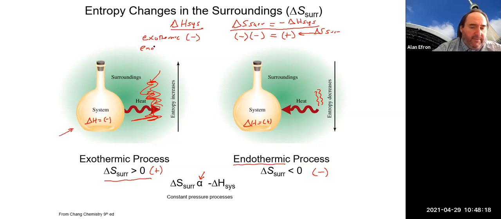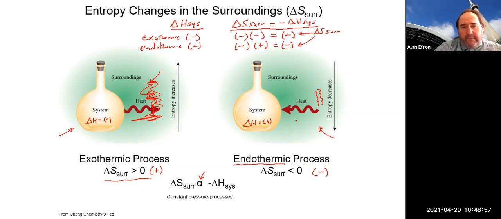In an endothermic process, delta H is going to be positive, which means our surroundings is negative delta H, so negative of a positive gives us a negative value for our delta S of the surroundings, which again is what we see happening here. So the delta S of the surroundings is affected by the energy, and it's an opposite relationship. And again, our delta S becoming more positive means a lot more disorder is occurring. Question on that?